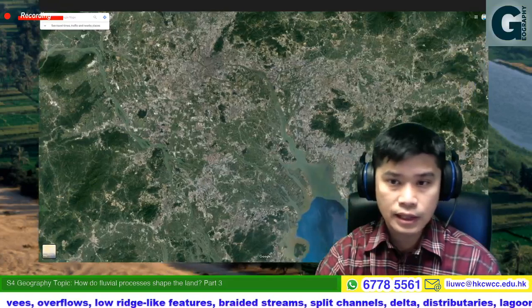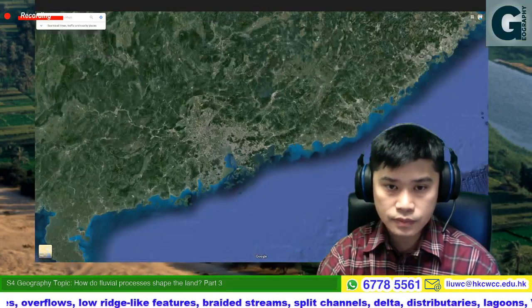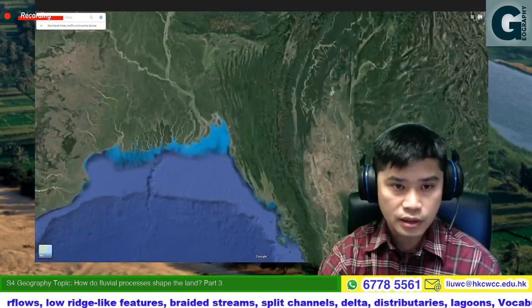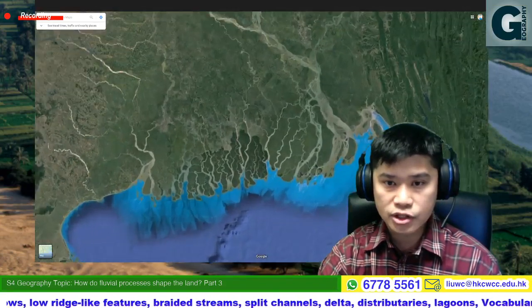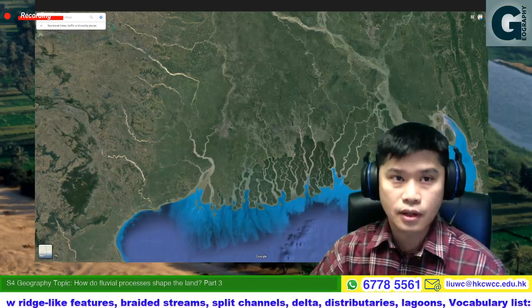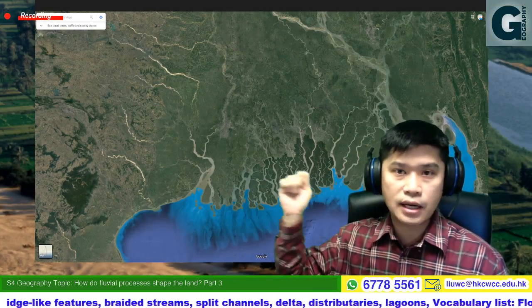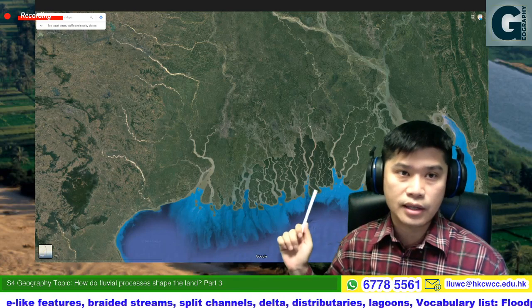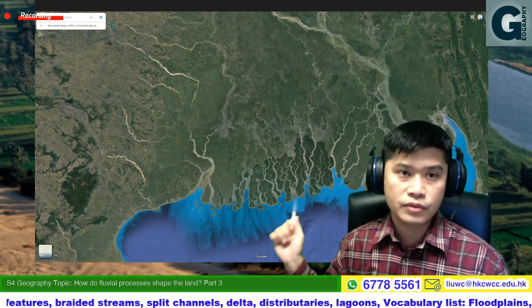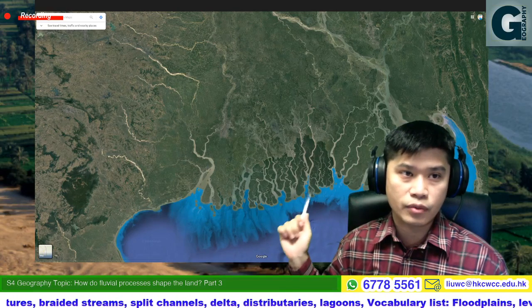And then we may move to here, Bangladesh. All this area is also like a delta, and you can see there are a lot of tributaries at the river mouth.